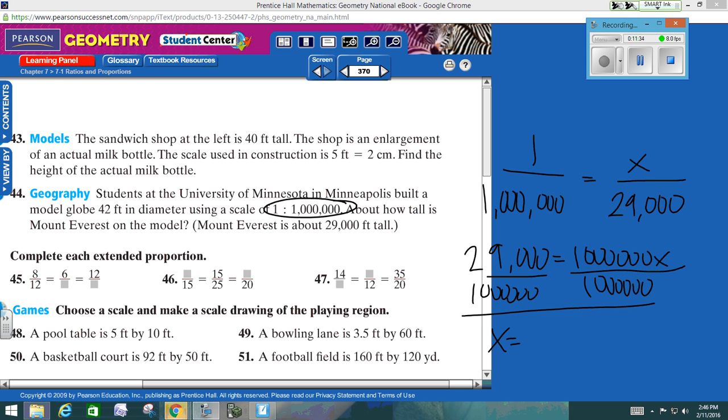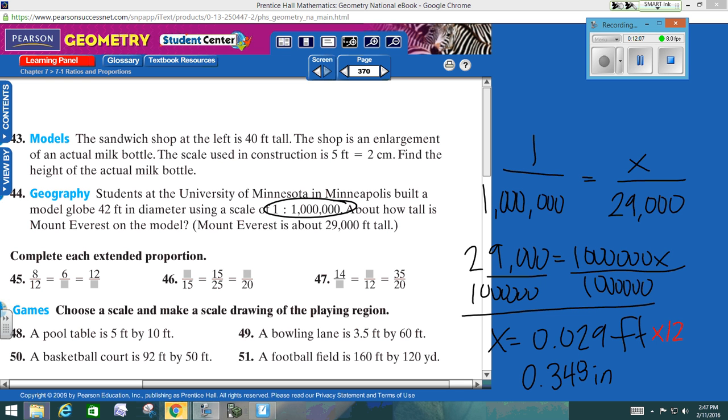And when you do that in your calculator, you get 0.029 feet. So like 29 thousandths of a foot. Does that make a lot of sense to you? Doesn't make a lot of sense to me. But if I convert this to inches, how would I do that? When I take 0.029 times 12, I get 0.348 inches.